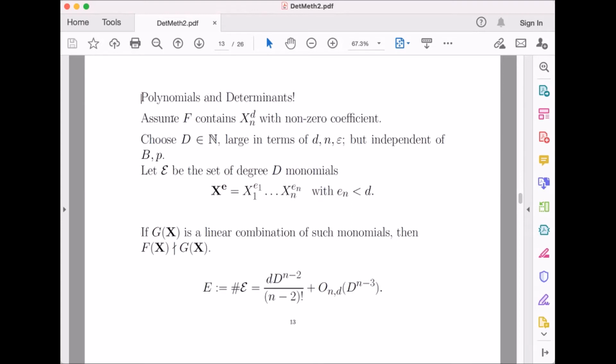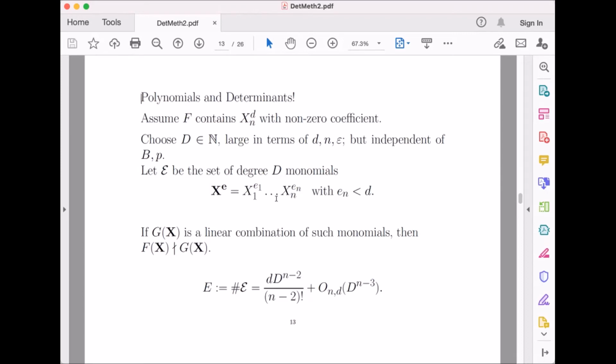So we're going to assume for simplicity, it's not really necessary, that capital F actually contains a term x_n to the power d with non-zero coefficient. And we're going to choose our capital D large in terms of d, n, epsilon, but independent of B and P. And we're going to consider the set curly E of monomials of degree D of this shape, in which this final exponent e_n is strictly less than d.